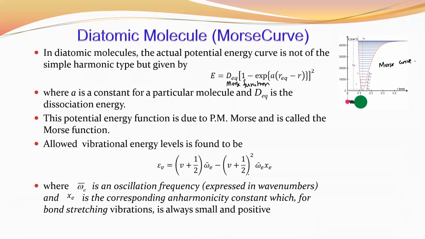The second term is due to the anharmonic quantity, so we call Xe the anharmonicity constant.